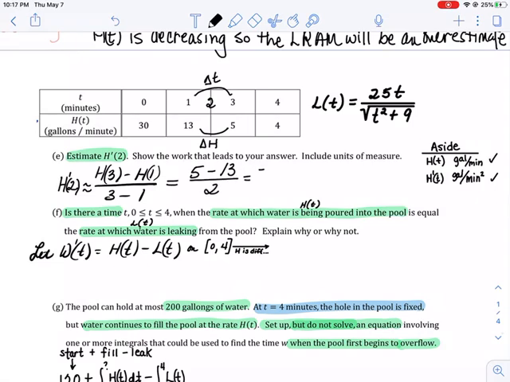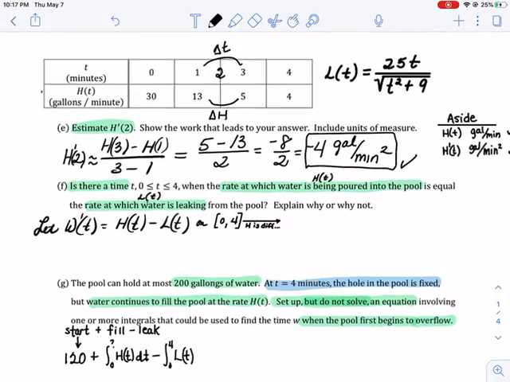So I get negative 8 over 2, and so it's negative 4 over 1. Sorry about that. Negative 4 gallons per minute squared. Okay, and there is your answer here. Everybody good?